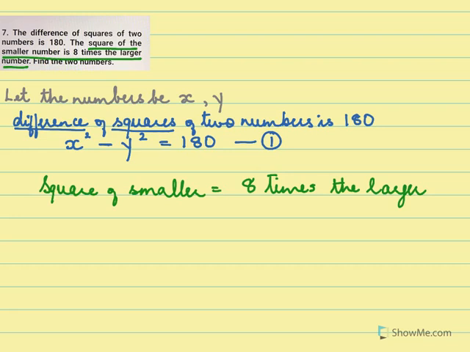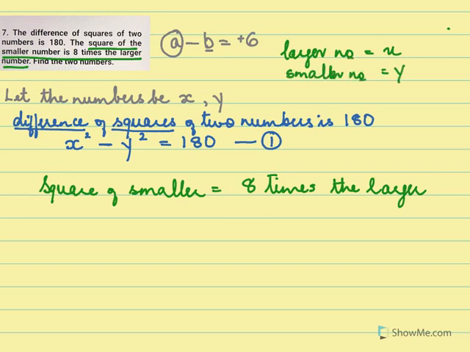In a subtraction, suppose you have a minus b equal to 6 and it is positive. Definitely we know a must be larger and b must be smaller. So in this case also, the larger number is x and the smaller number is y, because here we have x square minus y square.